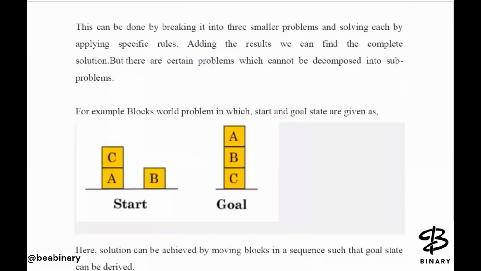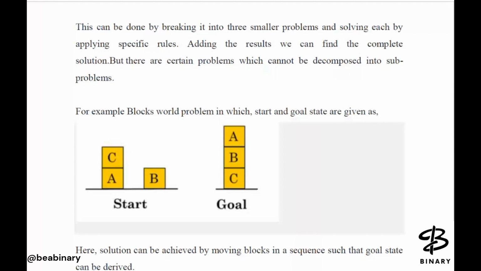So this can be done by breaking the large problem into smaller problems and solving each by applying a specific rule. Adding the results, we can find the complete solution.